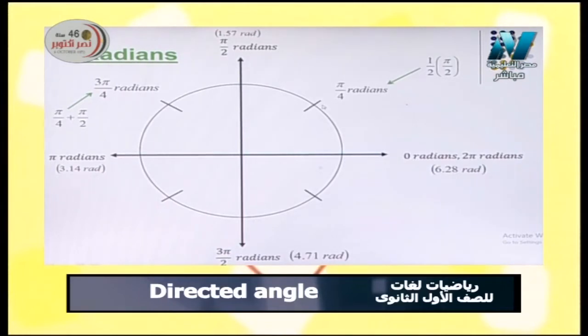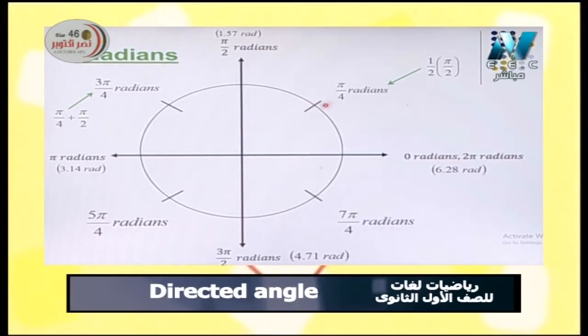Let's add more. In the middle here we have pi over 4, 3 pi over 4, 5 pi over 4, and 7 pi over 4.